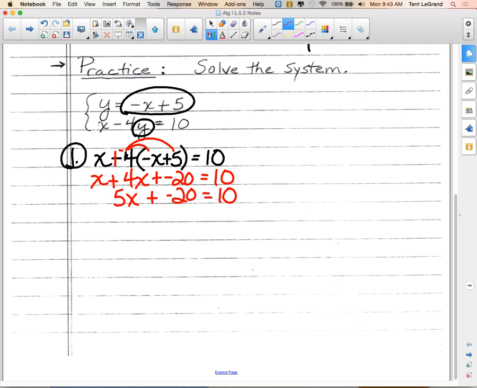Now we're finally ready to start solving this. What are we going to do? Add 20, the opposite of negative 20. So now we have 5x alone over here, and on the other side we have 30. Next, divide by 5.